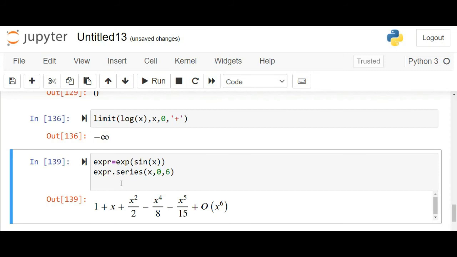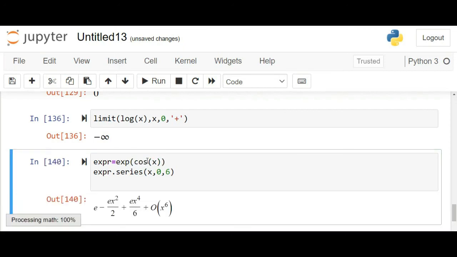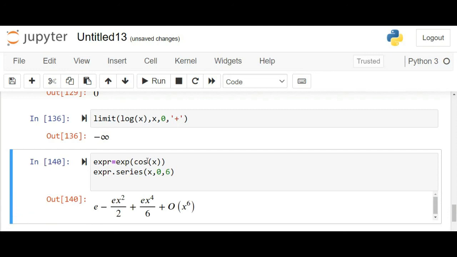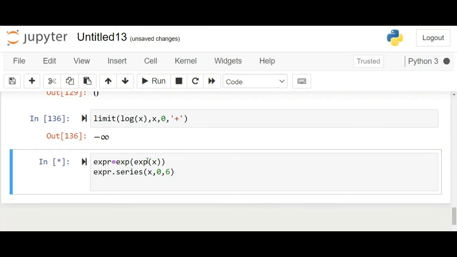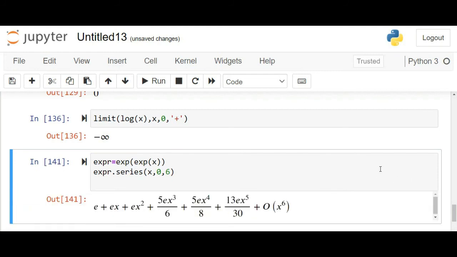Sine of x, and let's suppose if we write cos of x over here, then our answer will be just like that. And if I write exponential of x, in this case this is the expansion of e raised to the power x.